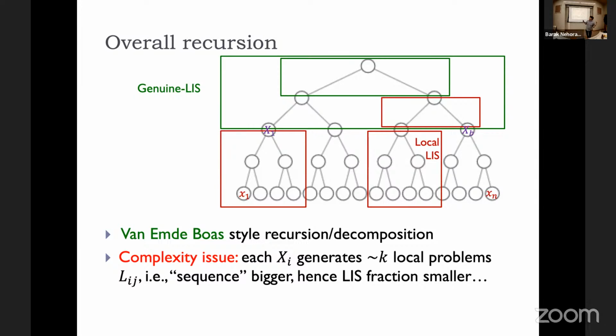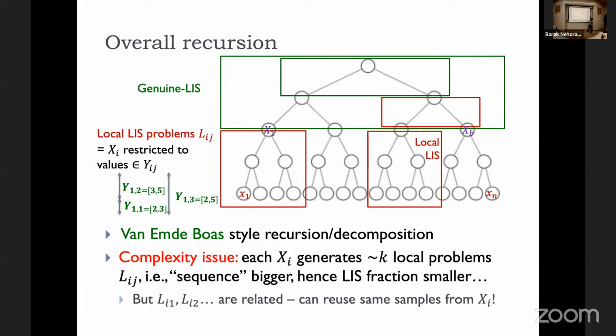There are many parameters to keep track of, and we didn't really go into that. But there is one complex issue. Once you start putting everything back together, each of the local LIS problems, because we took these candidate intervals, generated k candidate intervals for each block, corresponding to different potential values, say my LIS from here to here, or from here to here.